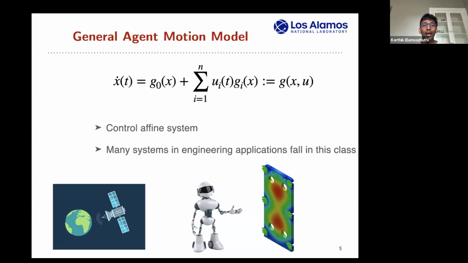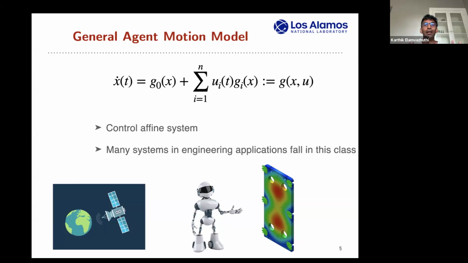And in fact, if you take any general control system of the form x dot is equal to f of x, u, you can do state space extension and convert it into this form, where you have these so-called control vector fields along which you can move the system.